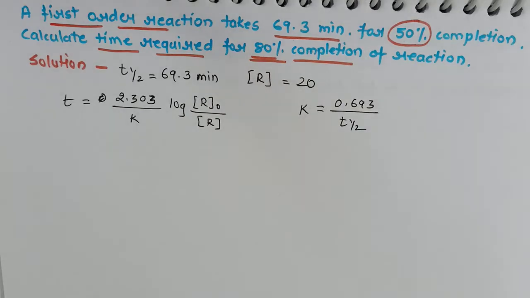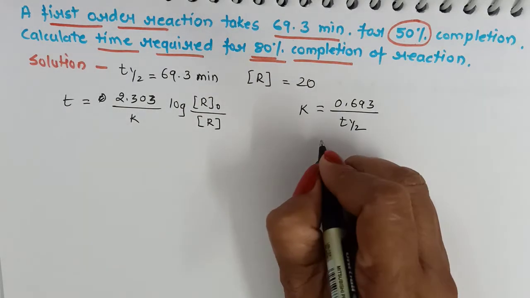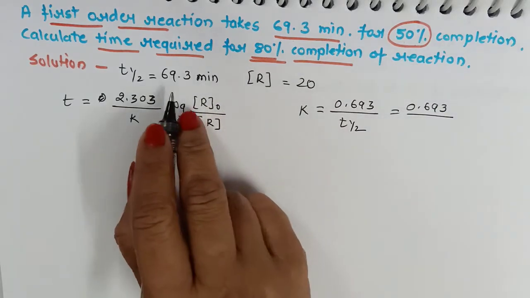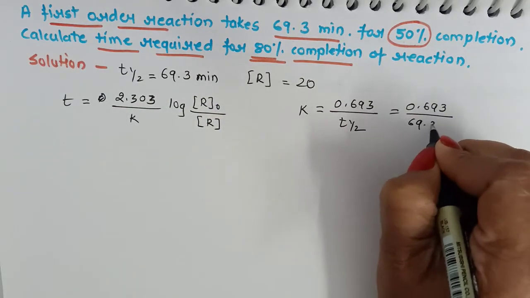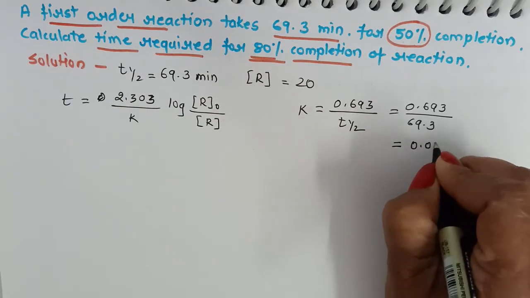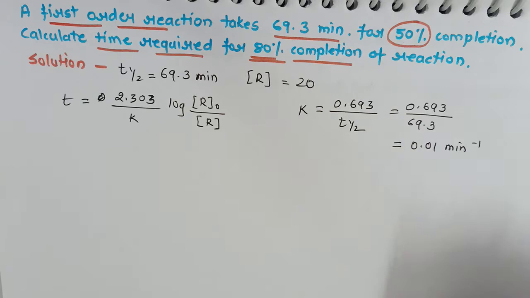K equals 0.693 upon T half. 0.693 upon 69.3, so the calculation becomes very easy. It becomes 0.01 minute inverse.